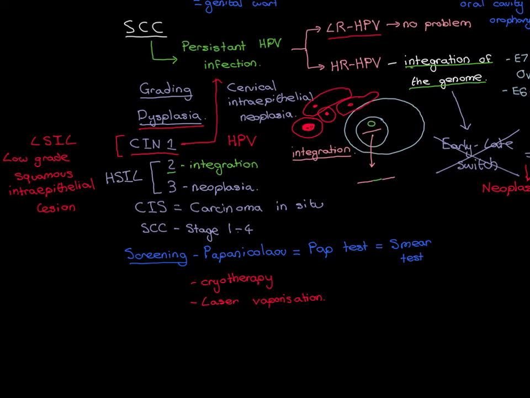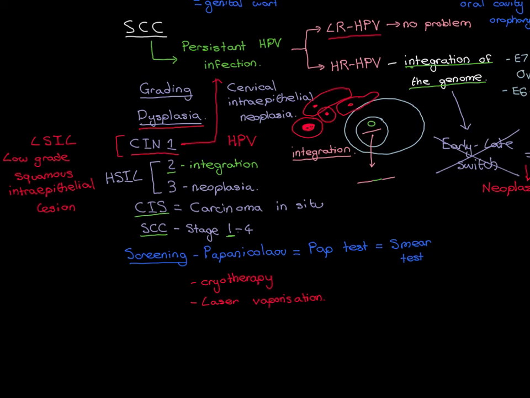Okay, finally I want to say a few little words about the treatment of squamous cell carcinoma if you do develop it. Now I'm not going to say much about this. If you've got squamous cell carcinoma, or indeed carcinoma in situ, and the squamous cell carcinoma is stage 1, which remember means that it is still just in the cervix, the tissue where it arose, then of course the treatment will be to have it surgically removed.